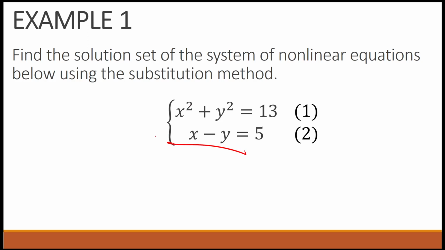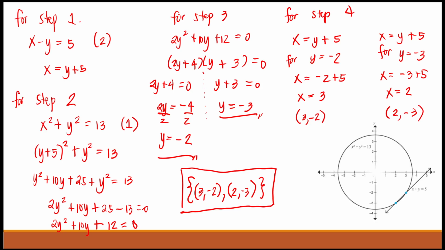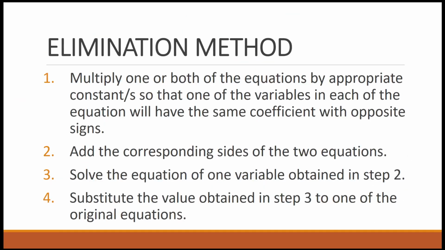No matter what constant you multiply on both equations, you cannot add x squared and x because they don't have the same degree. So, although mas straightforward tong elimination method, meron siyang limitations.